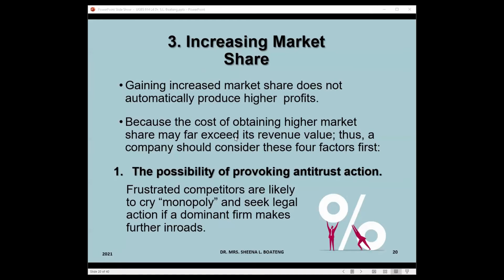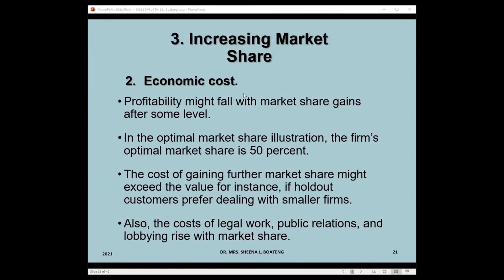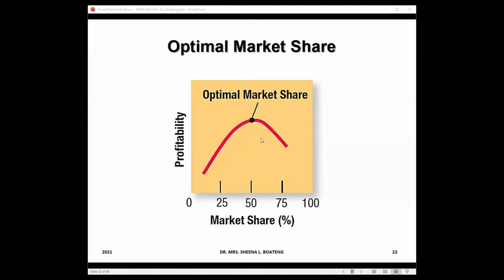Again, these costs we are talking about could come in the form of economic costs, right? Because profitability might fall with market share gains after some level. And let's use this diagram to illustrate what we are talking about. Now, this diagram shows us the degree of profitability compared with the market share increase in percentage.